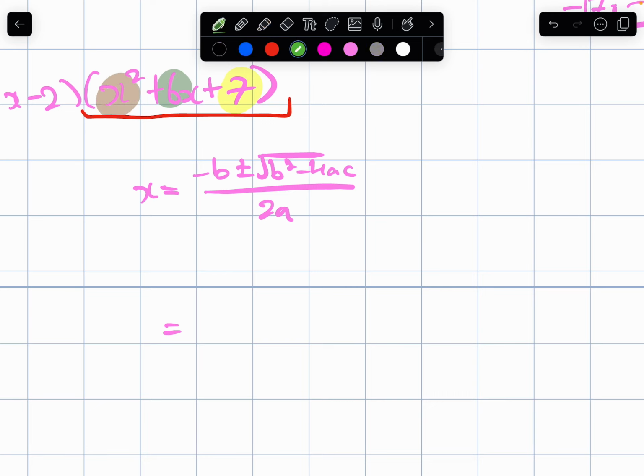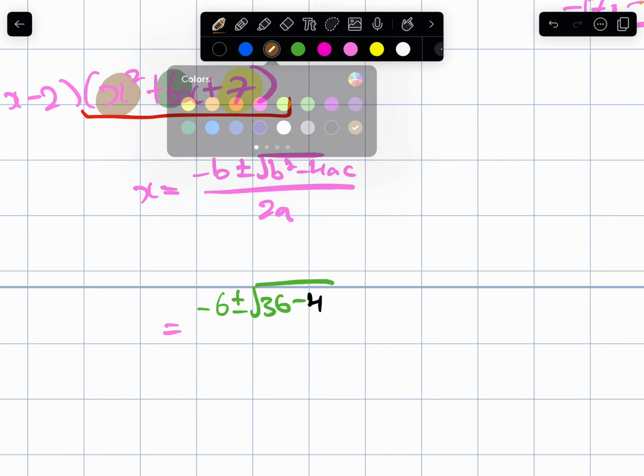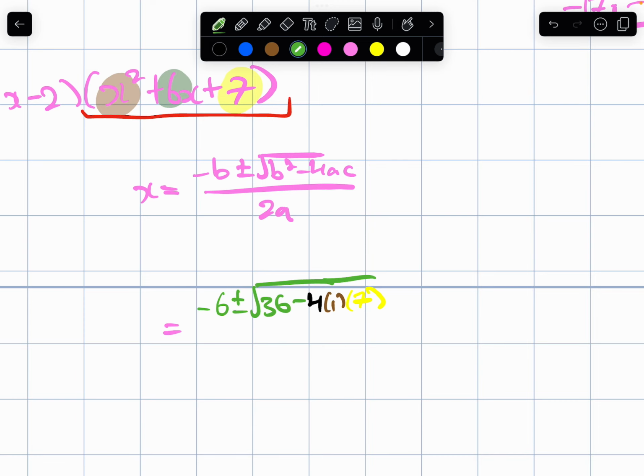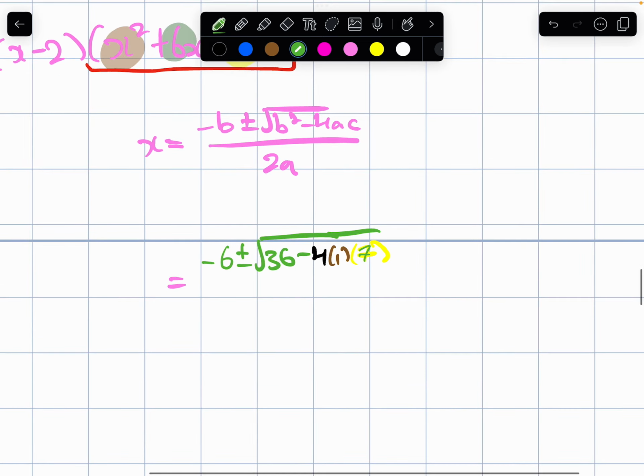So negative 6 plus or minus the square root of 36 minus 4ac, over 2a, which is just 2 times 1. Sorry, that's a 7, I'm just going to go over it.